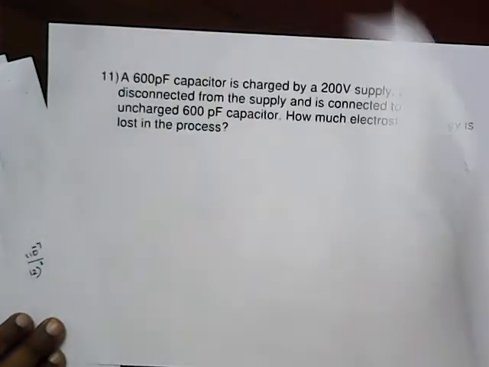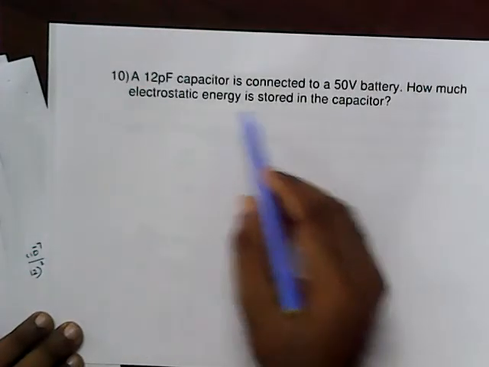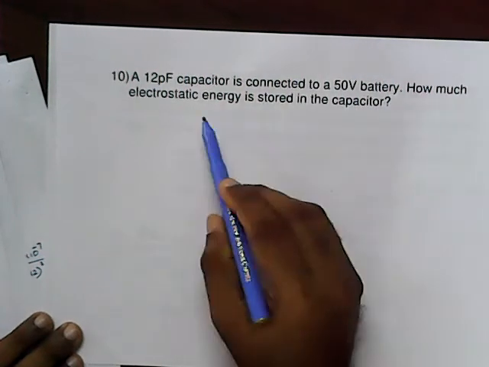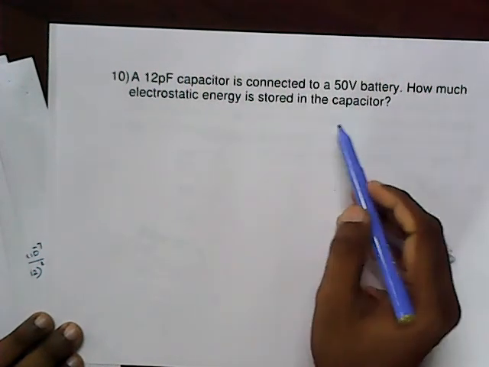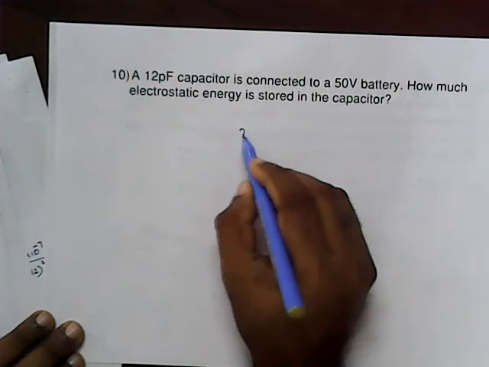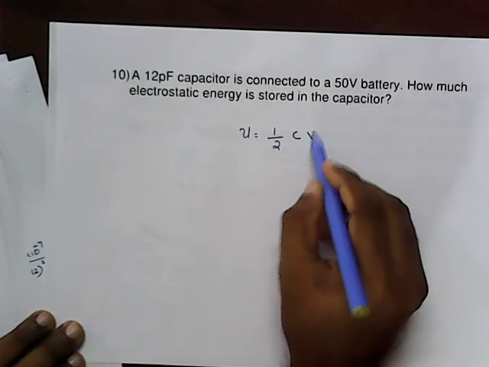Question number 10. A 12 picofarad capacitor is connected to a 50 volt battery. How much electrostatic energy is stored in the capacitor? A simple question. The energy stored is nothing but equal to half CV squared.